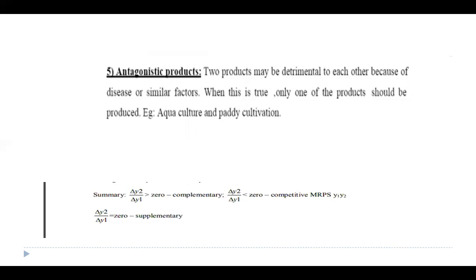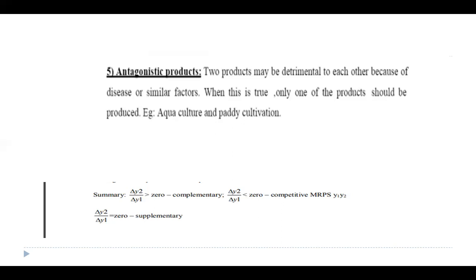Because in case of paddy, there are some insects or pests, so fish also feed on them. They are also important in reducing the attack of insects in the paddy cultivated plot. So this may happen. So such two products you can obtain in which type of relationship? Antagonistic relationship. So you have to know and understand these five relationships between two products.